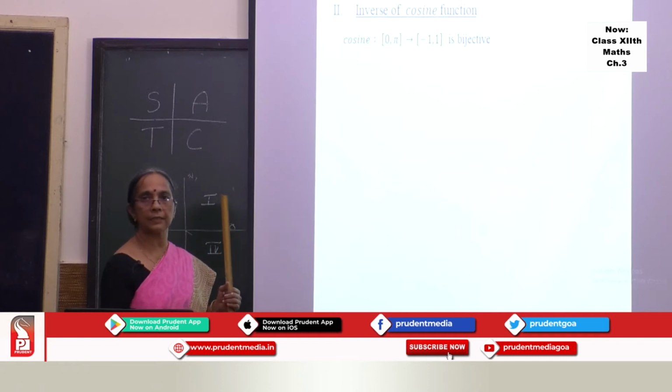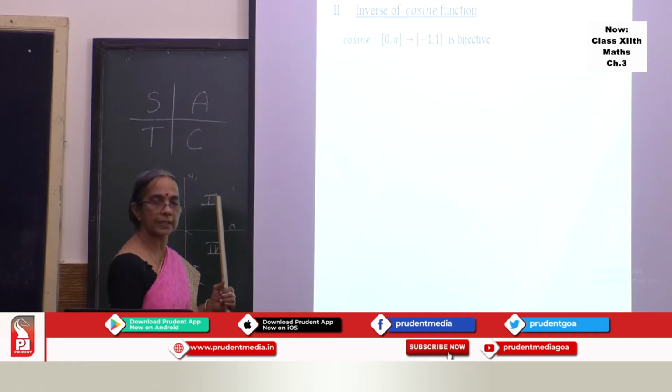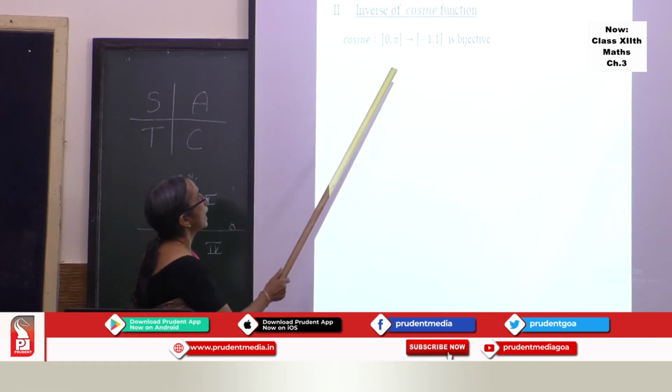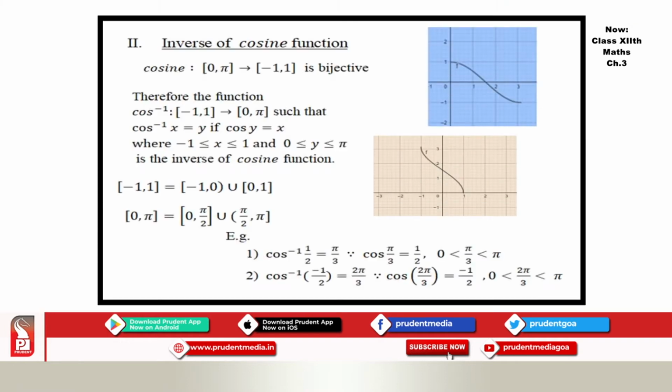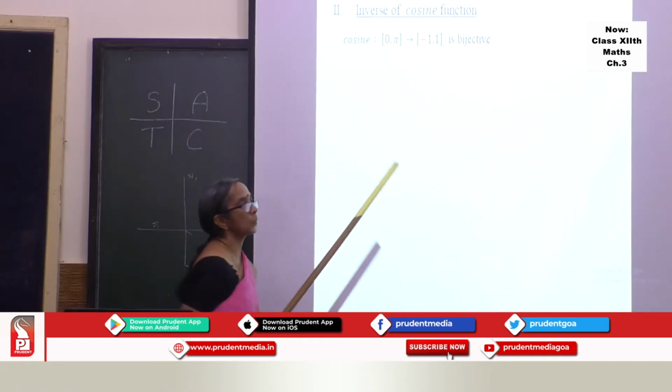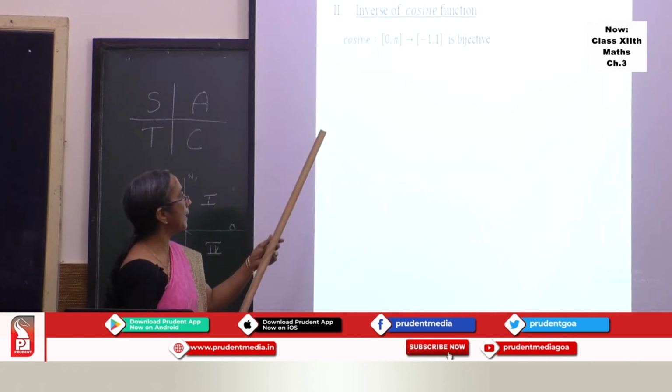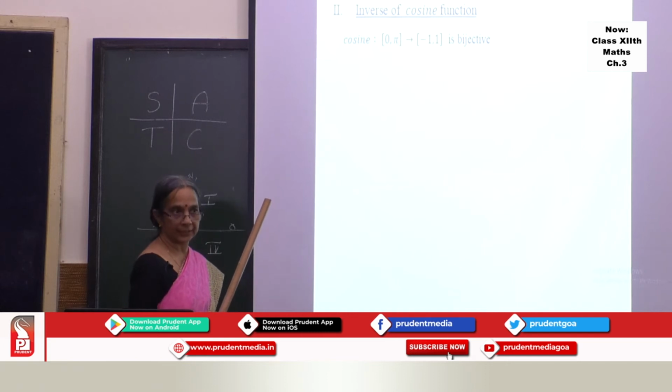Like the sine function, when you take R to R, cosine is not injective or surjective. So, we have to take the closed interval 0 to pi as domain and the closed interval minus 1 to 1 as codomain to make it bijective.